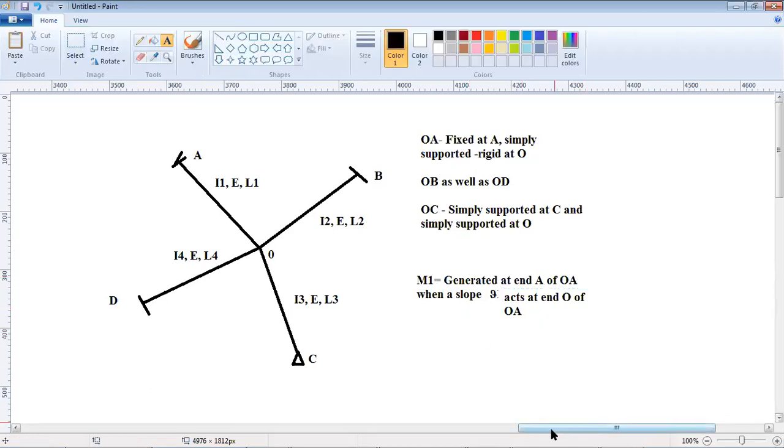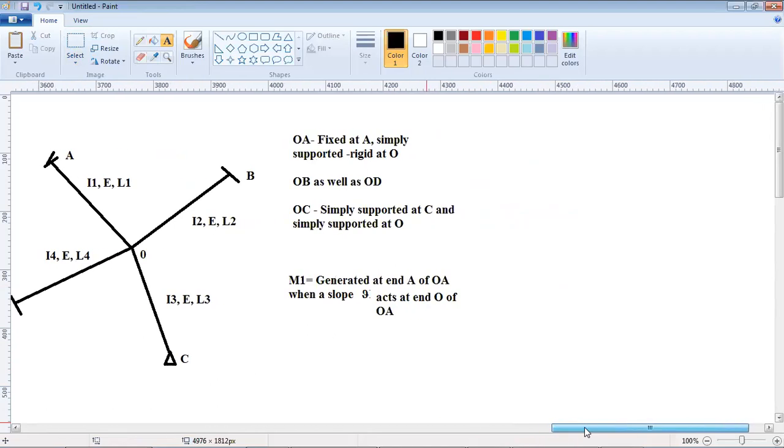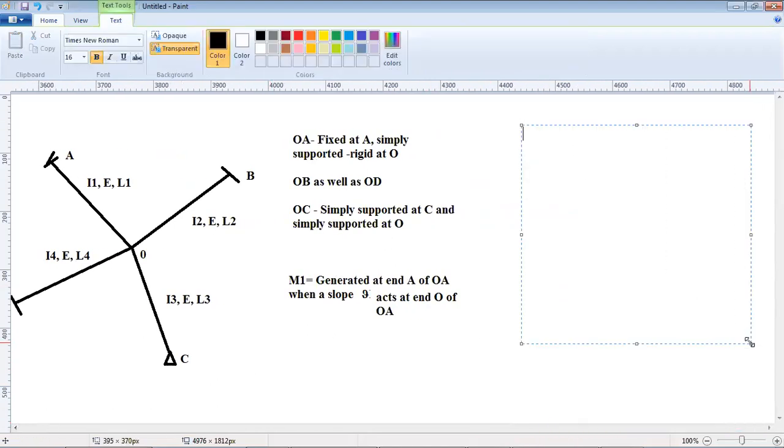Now, because point O is rigid, the slope at O will be maintained between all elements. All these elements are OA, OB, OC, OD.